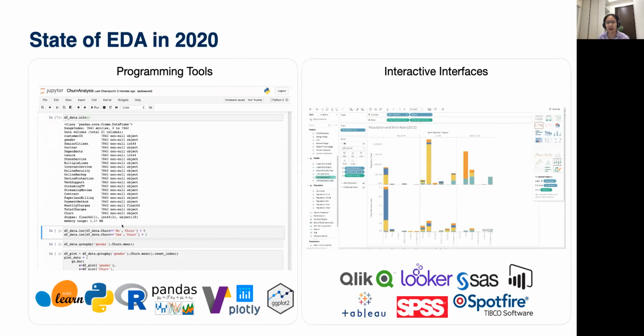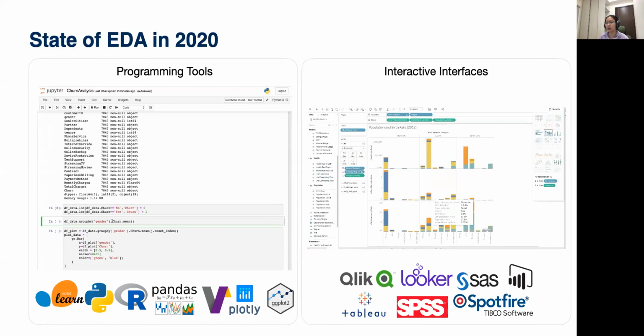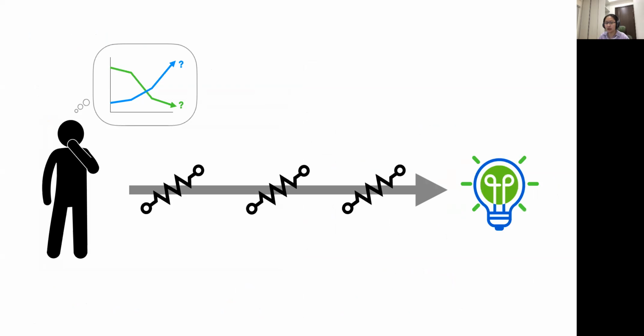These tools are highly accessible in bringing data insights to the analyst with the ease of point-and-click interactive interfaces. However, even with the advent of these incredibly powerful tools, there are still challenges that hinder the flow of data exploration when we go from a question in our heads to discovering actionable insights.